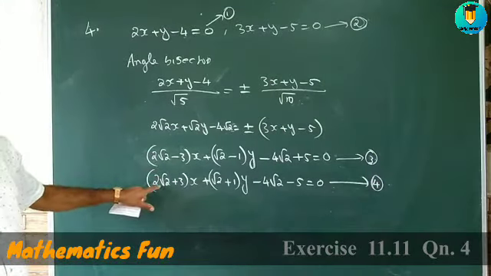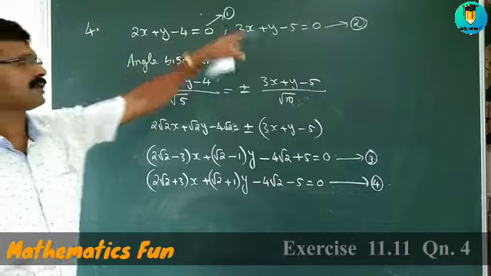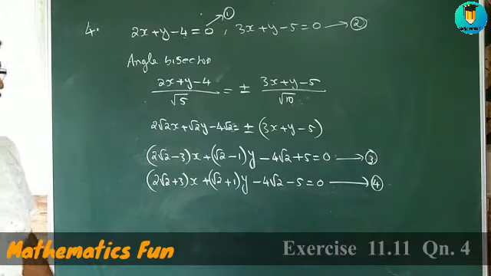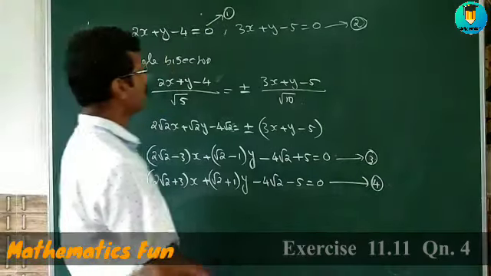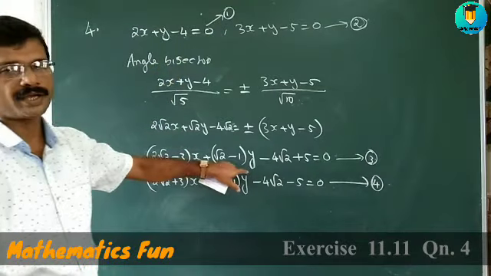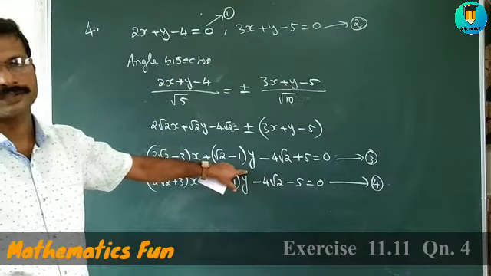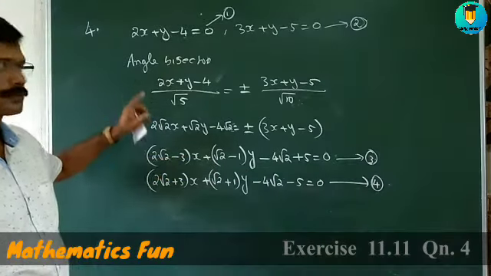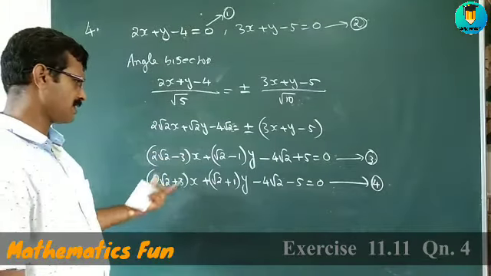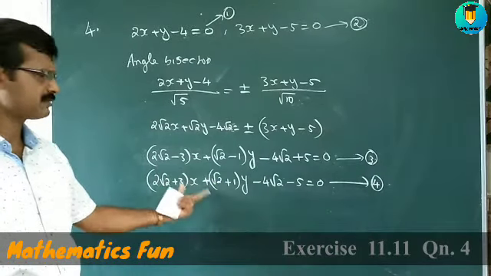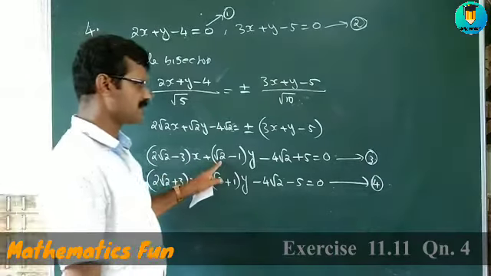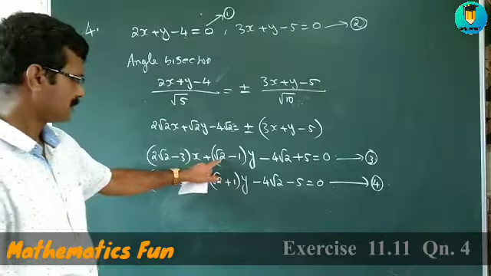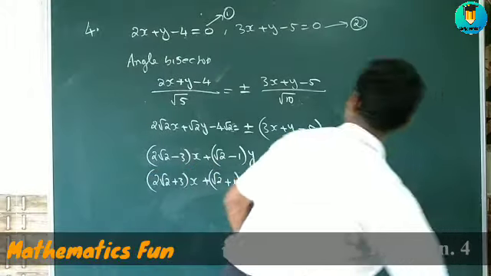So we have both the bisectors and both the lines. Now I will find the angle between one of the lines and one of the angle bisectors, using the tan theta formula. I am taking one of the lines, as both lines look almost the same.